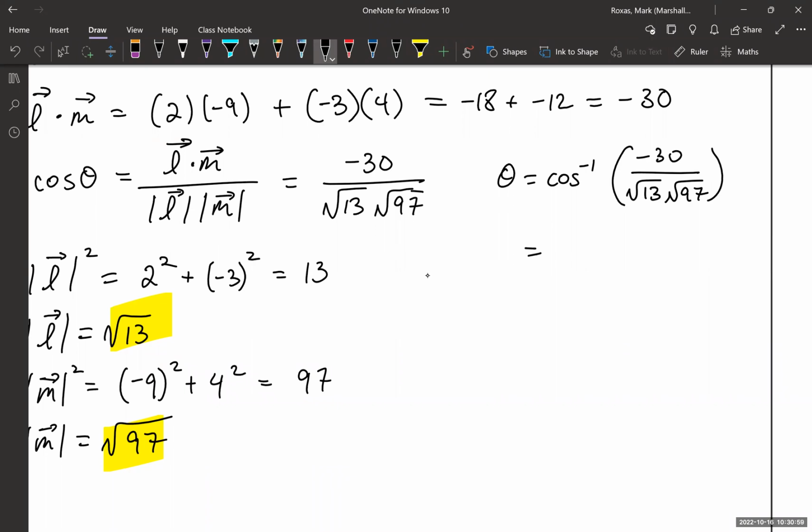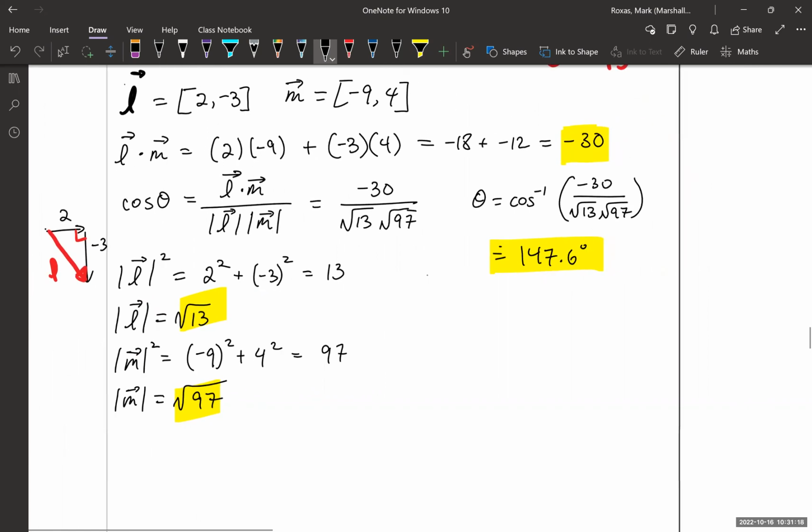Close the bracket, and we get 147.6 degrees. And as we expected, the dot product was negative, so our angle is greater than 90 degrees. All right, I'm going to move on to the next part.